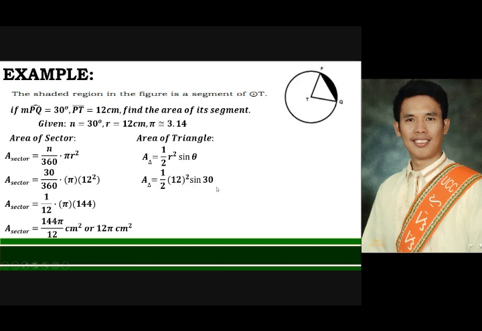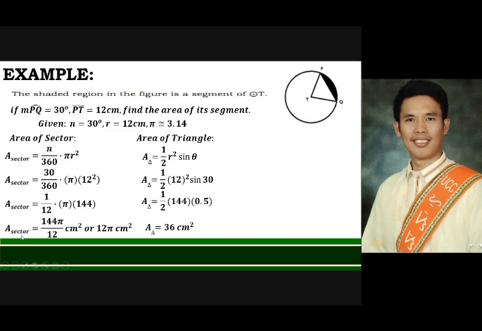If you use a calculator, when you get sine 30, be sure your calculator is in degree mode. The equivalent value of sine 30 is 1/2 or 0.5. Then 12 squared is 144. If we multiply all of this, the area of the triangle is 36 centimeters squared.